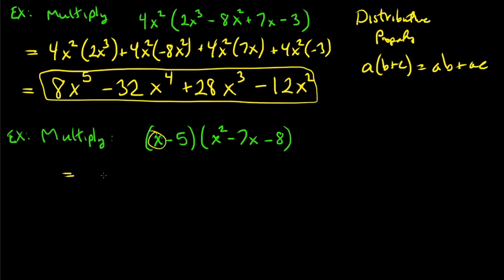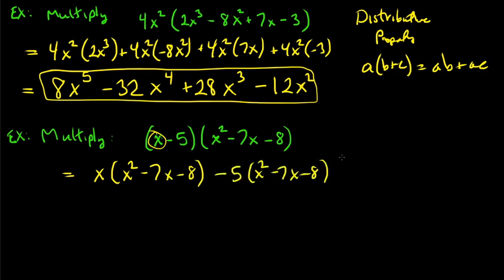I would start with the x and multiply x times the entire second factor, right? And then the negative 5 times the entire second factor here. And that way you're doing what we did up here, but you're just doing it twice, once for the x and once for the negative 5.